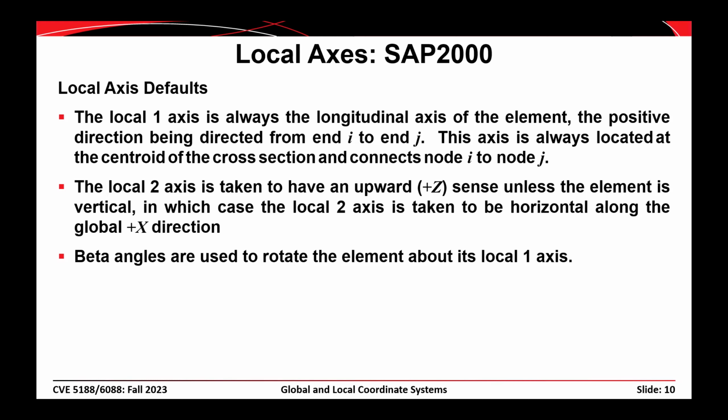This axis is always located at the centroid of the cross section and connects node I to node J. Then the local 2 axis is taken upwards in the positive Z sense, unless the element is vertical. If the element is vertical, then the element is parallel to the Z axis, and then that definition blows up. In that case, if the element is vertical, then the positive 2 axis is in the positive X direction instead.